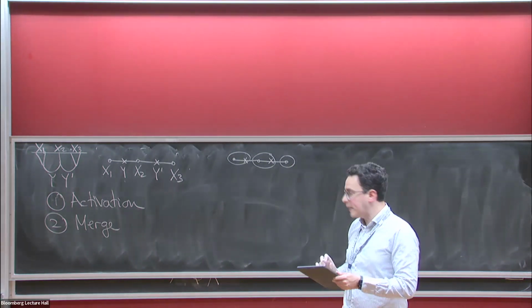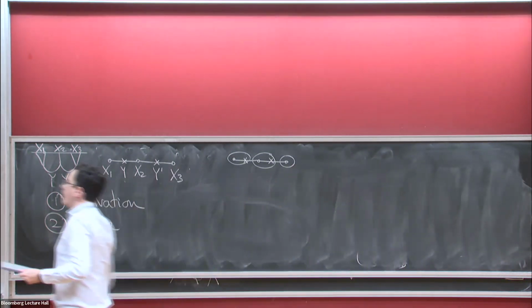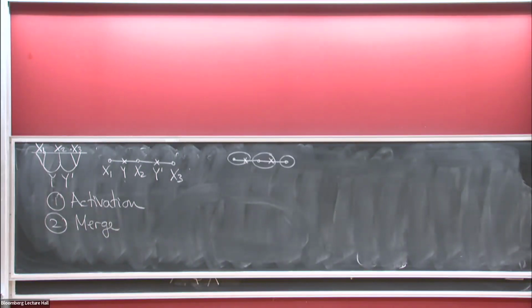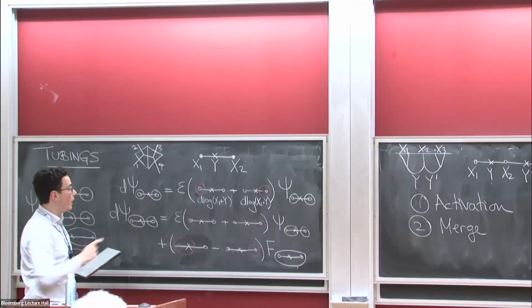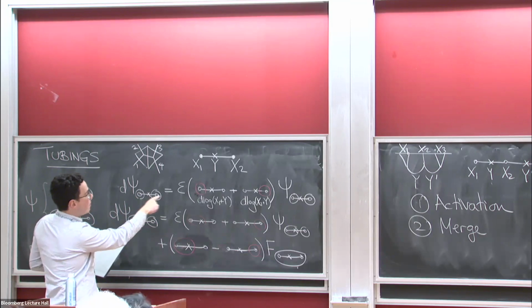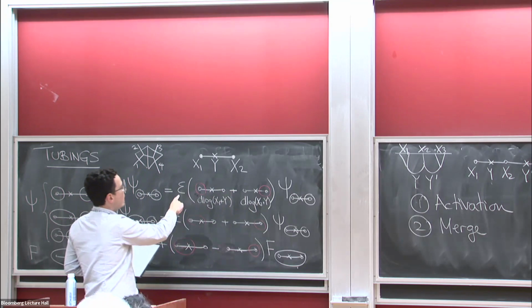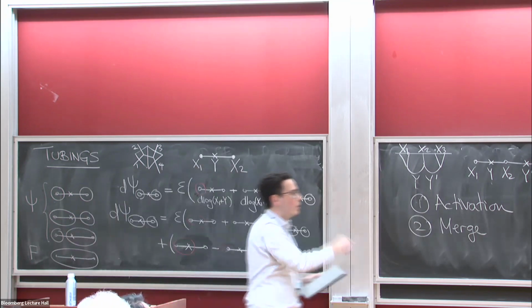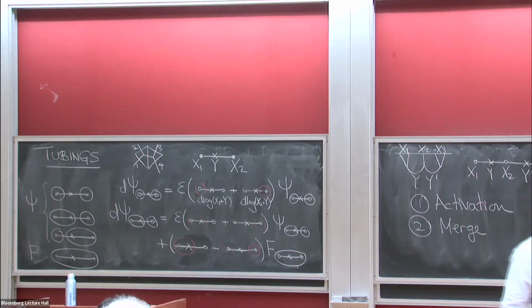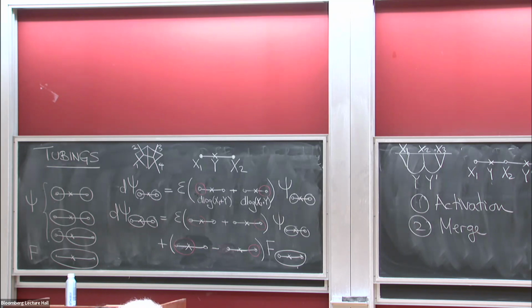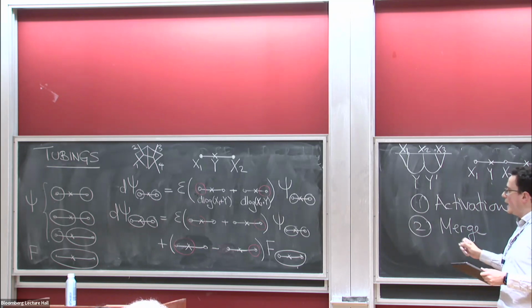The first activation rule is you take all the tubes of a given basis function and you activate them one at a time. They're the associated D-log forms times epsilon times the original mode function, okay? So you activate tubes one at a time and it generates the denominators that appear in the differential equation. The other rule is that they can merge.